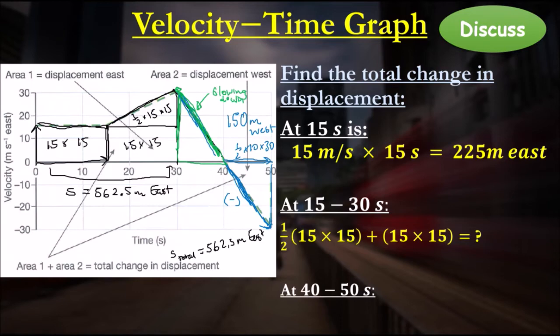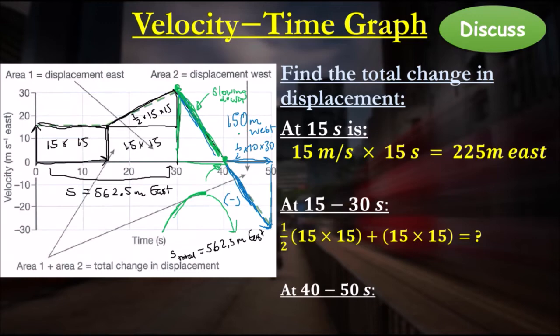So at some point, the object is speeding up, then it slows down, and then at this point here, it's moving now in the opposite direction. So to speak, it's like a ball. If you throw a ball up, it gets slower and slower to the point it reaches the peak height. And that represents this point here. And then it starts falling down again, and that represents this line down here.